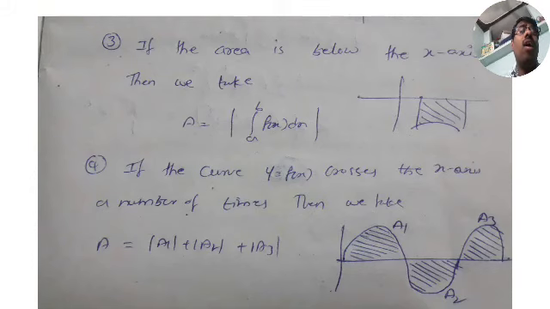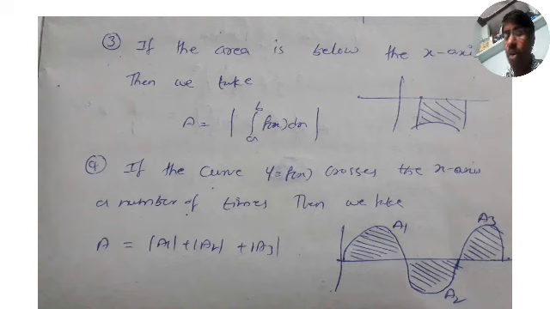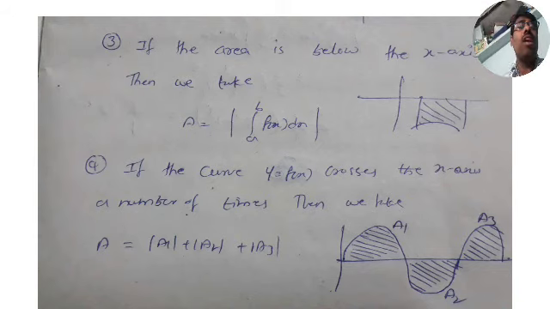And if the area is below the x-axis, the value of the integration is negative, that's why we take the modulus. And if the curve crosses the x-axis many times, then the integration values become positive, negative, so for all these reasons we take the modulus.